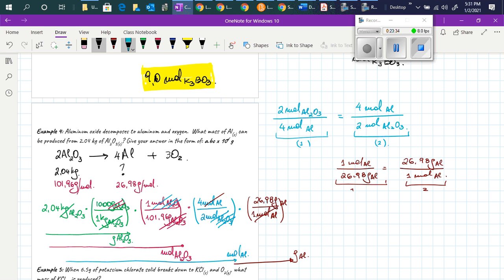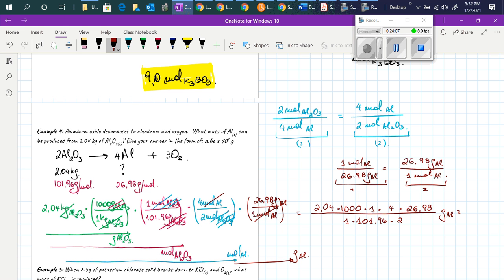In terms of the calculations, our numbers are 2.04 times 1,000 times 1 times 4 times 26.98, the whole thing divided by 1 times 101.96 times 2, and it is grams of aluminum.